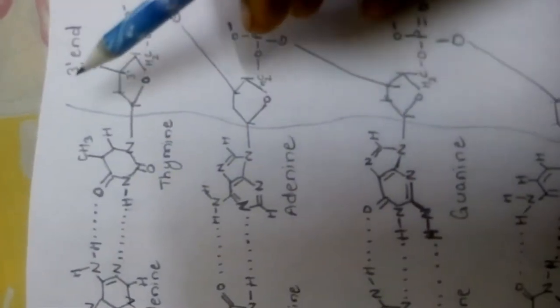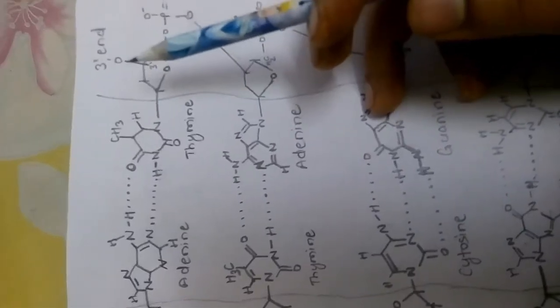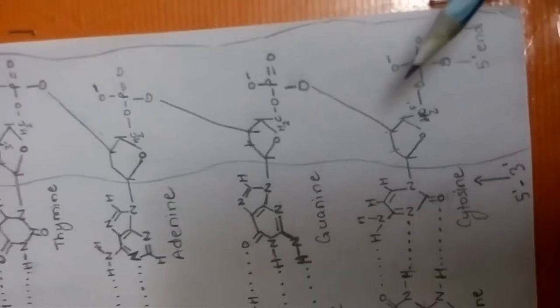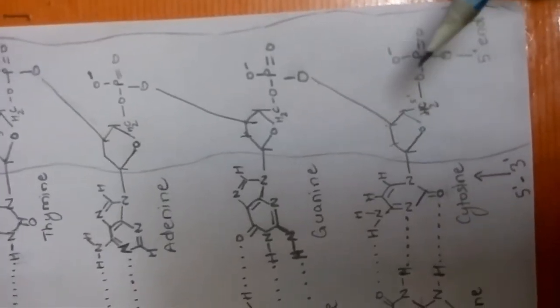Here at the top, it's the 3' end which is free, has a free hydroxyl group. Here was the 5' end which was free and it had a phosphate group. But here it's the 3' end which is free and it has a hydroxyl group. Similarly, going downwards, the 5' end is free and it has a phosphate group.